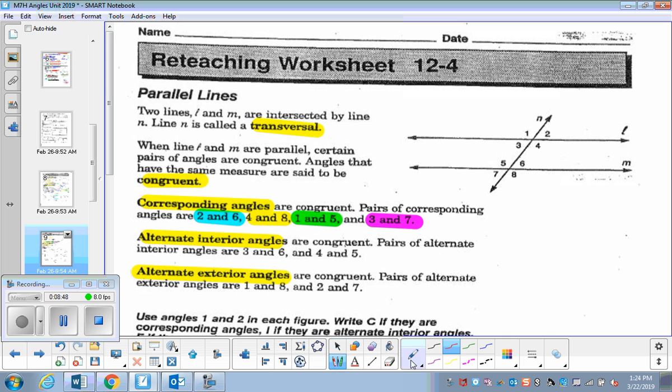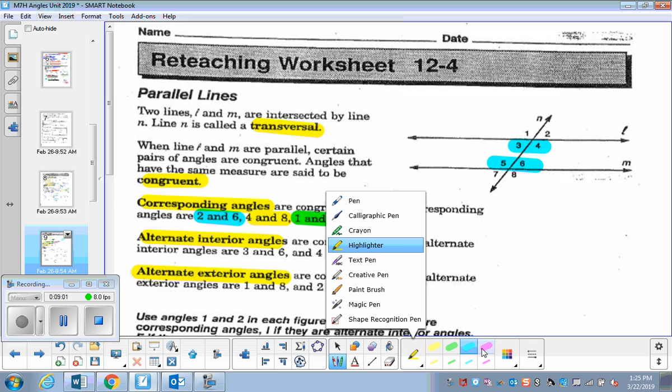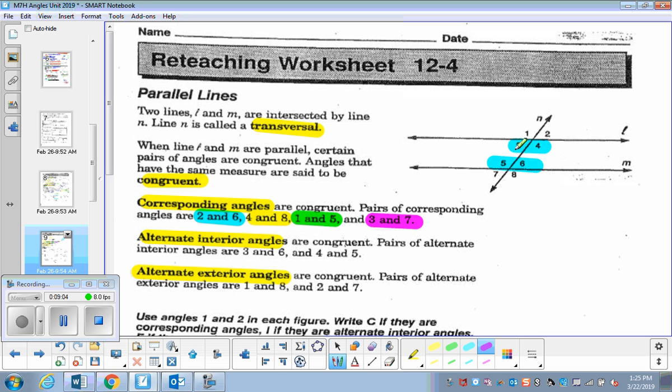All right, now let's talk about alternate interior versus alternate exterior. So on the inside of the parallel lines, we have angles 3, 4, 5, and 6. If I want to know which ones are alternate interior, 3 is alternate interior with 6, and that's right there.